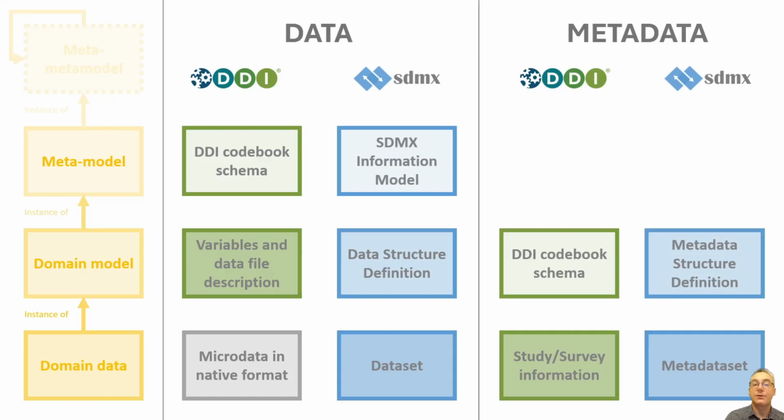MSDs specify the concepts and structure that the reference metadata sets correspond to, listing them at the domain model layer in our framework. The language used to describe MSDs is defined by the SDMX information model in a manner analogous to the treatment of data. Consequently, the SDMX information model for metadata structures resides at the meta-model level, as it did in the case of statistical data.